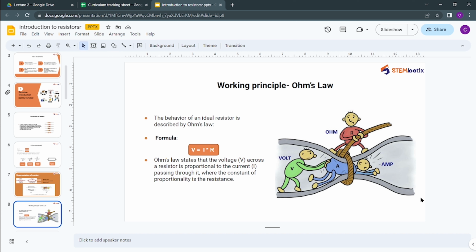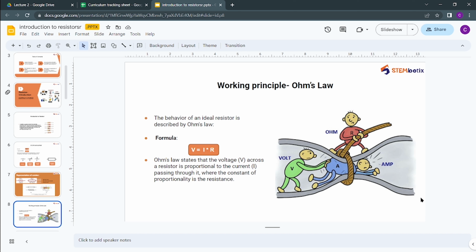As the Ohm's law statement represents, voltage is proportional to current, and that proportionality constant is replaced by resistance. It gives us the Ohm's law formula, which is V equals I into R, where R is the proportionality constant, which is resistance.